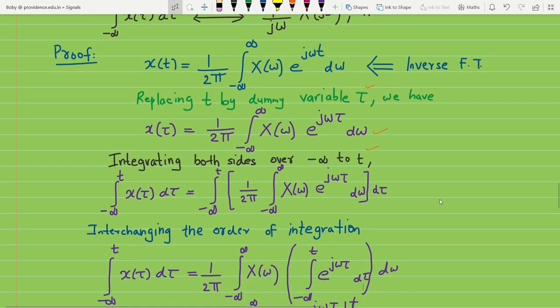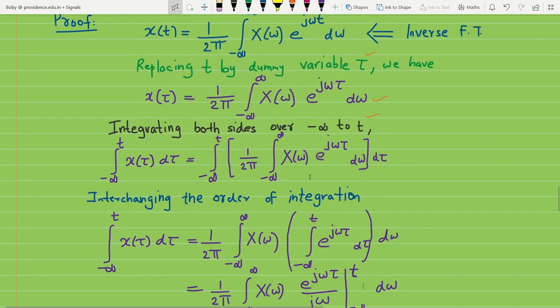So the left side is integral minus infinity to t x of tau d tau, and the right side is integral minus infinity to t of 1 by 2 pi integral minus infinity to infinity X of omega e raised to j omega tau d omega, then d tau. Here we are integrating with respect to tau. Now we can interchange the order of integration on the right hand side.